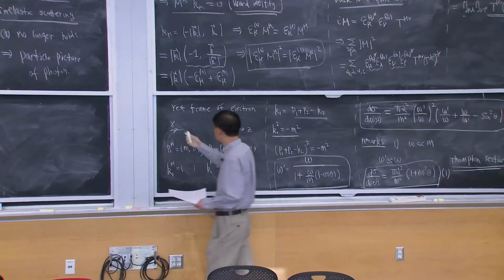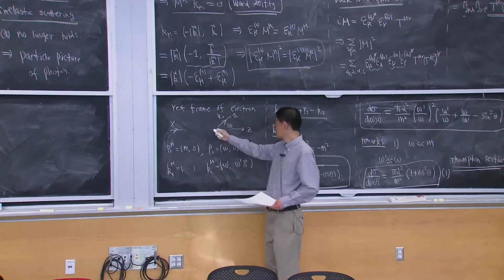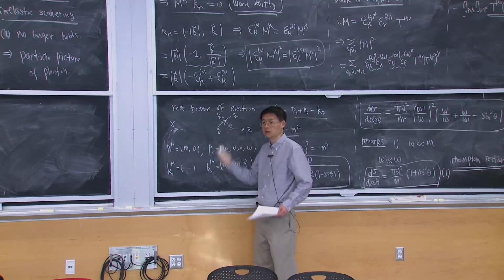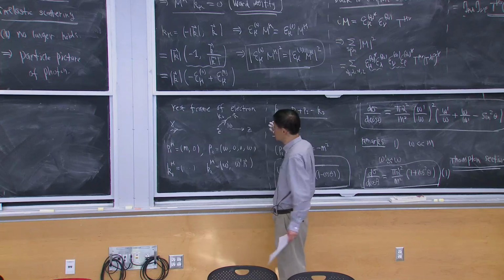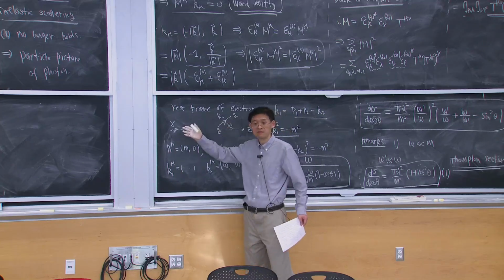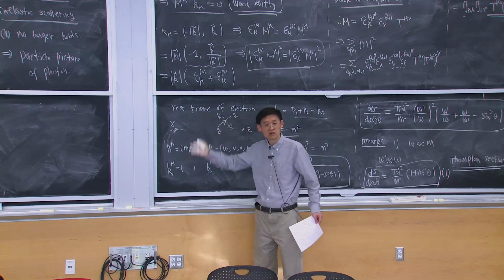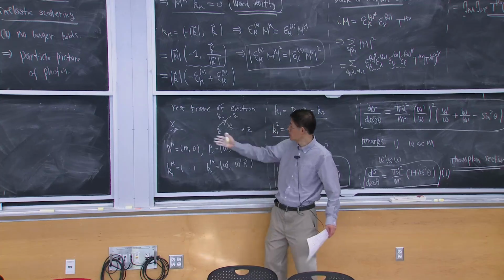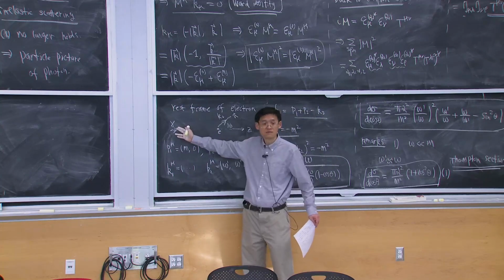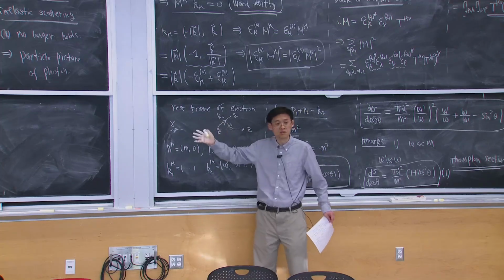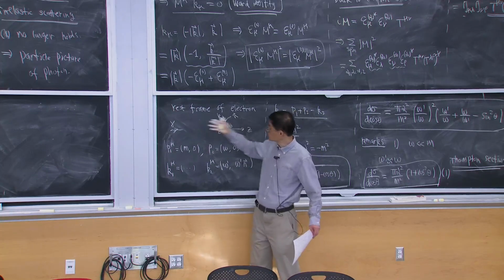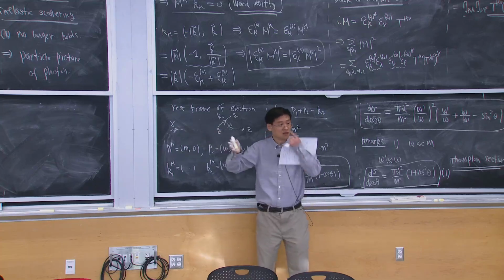In this frame, the electron just sits here, then the photon comes in, okay, in the z direction. Now imagine we boost the system in the negative z direction. So the result of this boost is that the photon energy becomes very small, and the electron energy becomes bigger and bigger when you increase the boost, okay, because the boost is opposite to the direction of the photon.